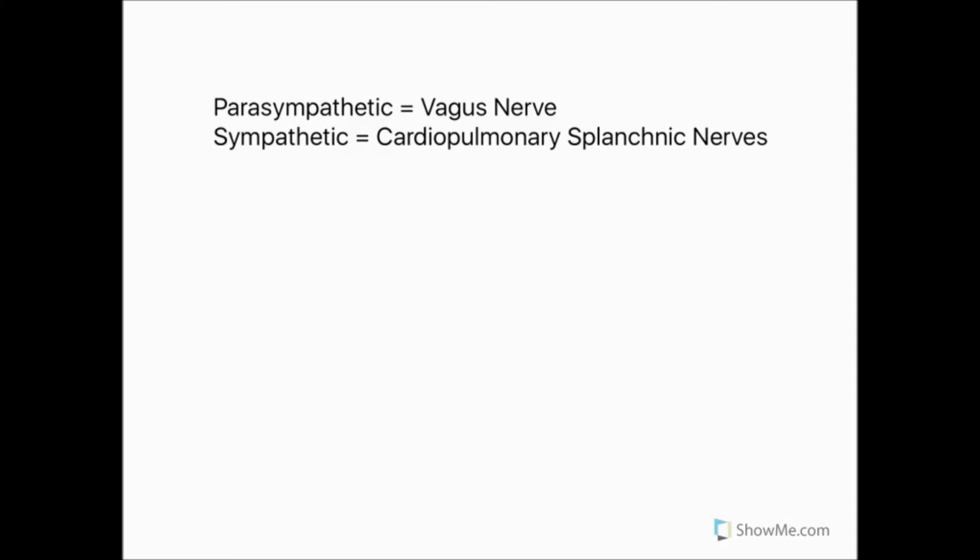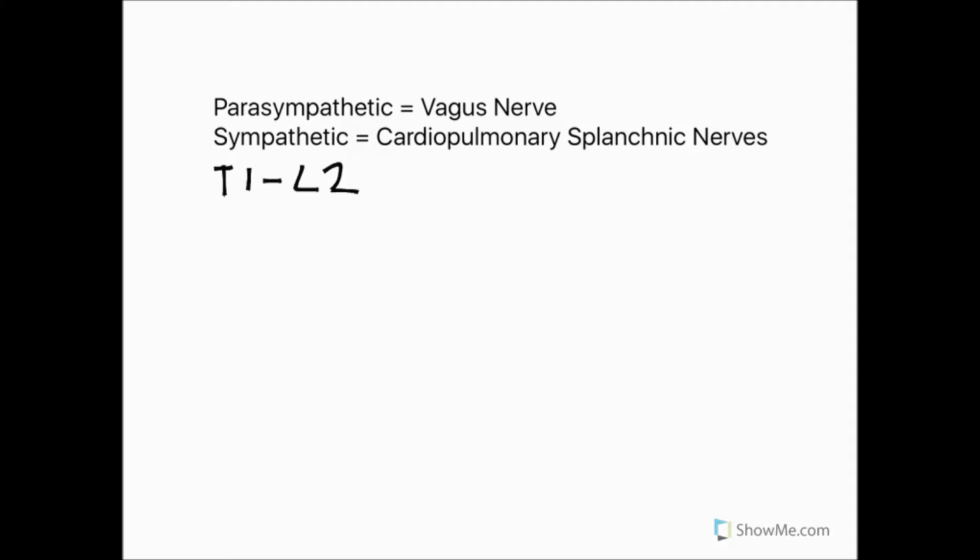The sympathetic nerves come from the outflow of T1 to L2 from the vertebral column, and they flow into the sympathetic chain. That's the paravertebral ganglia. And from there we have nerves called splanchnic nerves that leave there, in this case dealing with the heart and lungs. These are of course called cardiopulmonary splanchnic nerves.